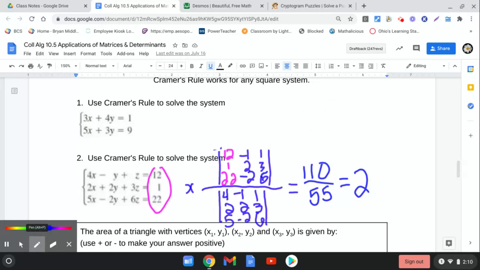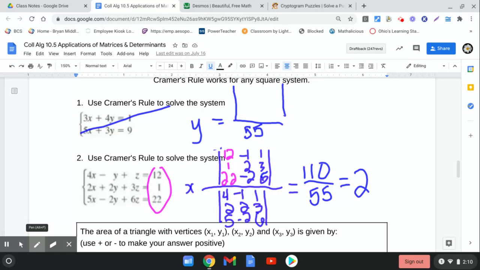Okay, so to find y, remember we're not solving this one. This is still number 2. On the bottom, we're going to put that same determinant. Now, we don't need to redo this every time. We already know the determinant's 55, so don't redo that. To find y, you're going to leave the x coefficients the same, 4, 2, 5, and the z coefficients the same, 1, 3, 6.